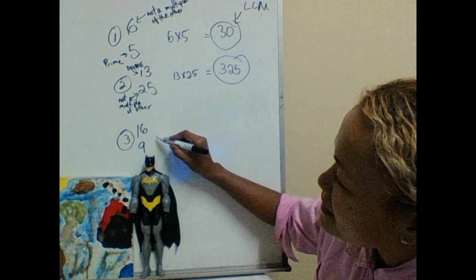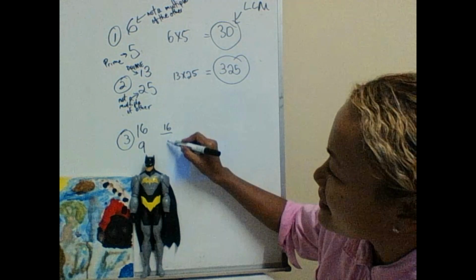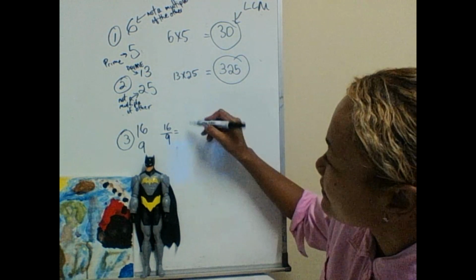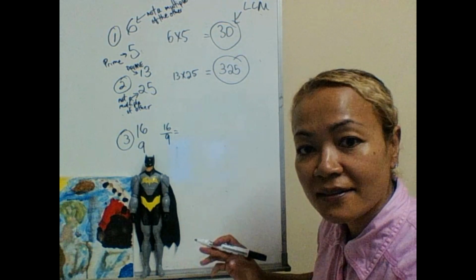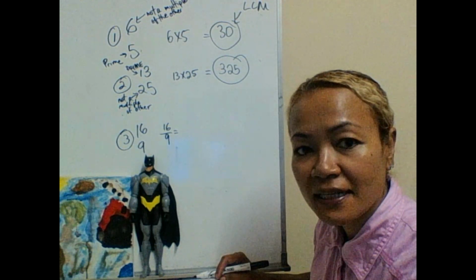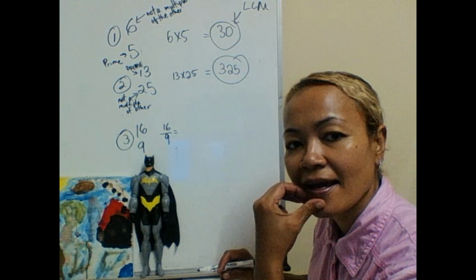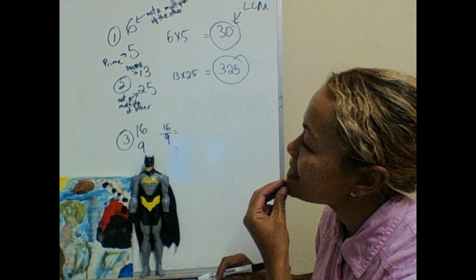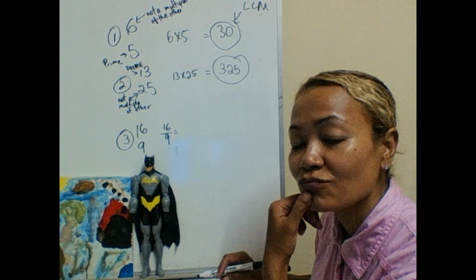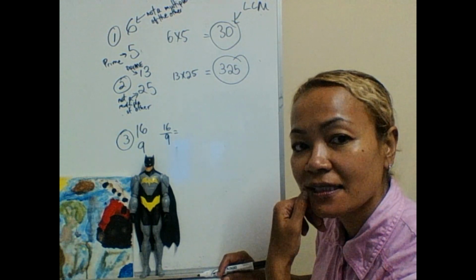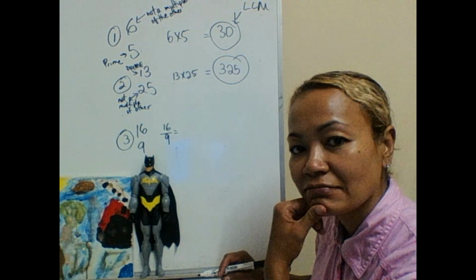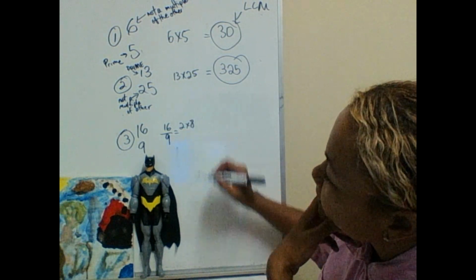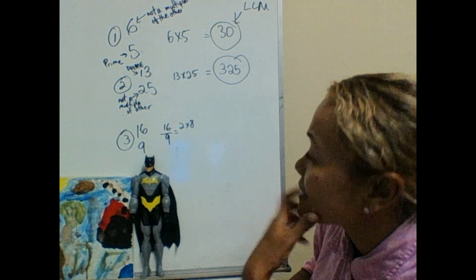Okay, so what does this mean? You'll have to put it in terms of a fraction, and then you have to break it down. So 16 is what? 2 times 8. What else can it be? It can also be 1 times 16.